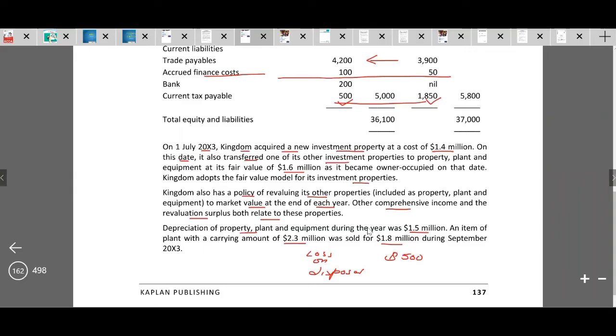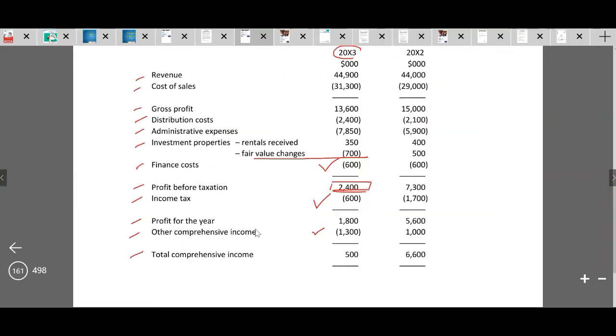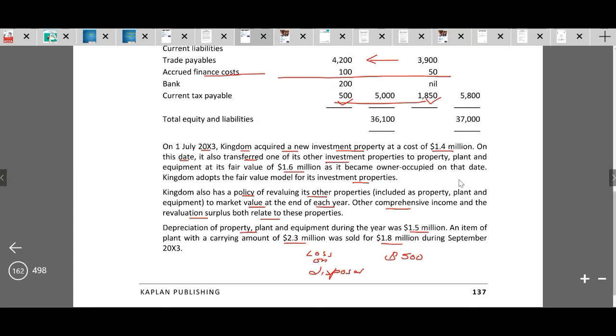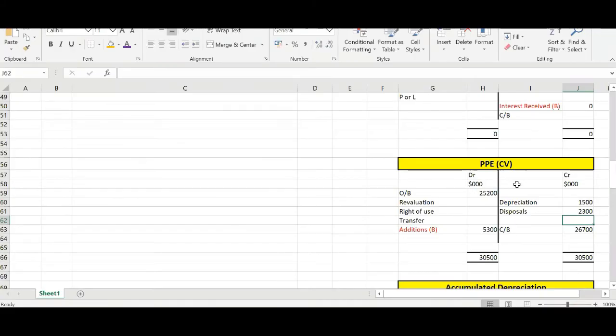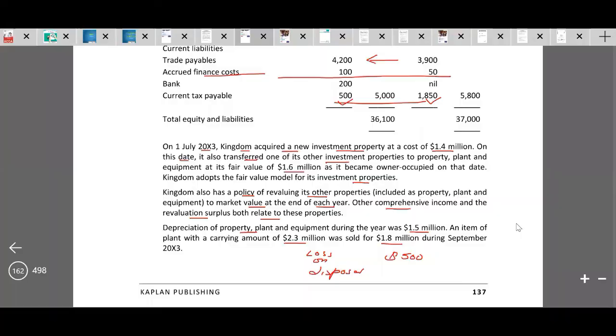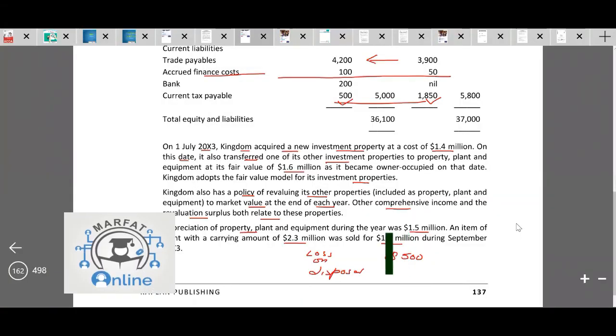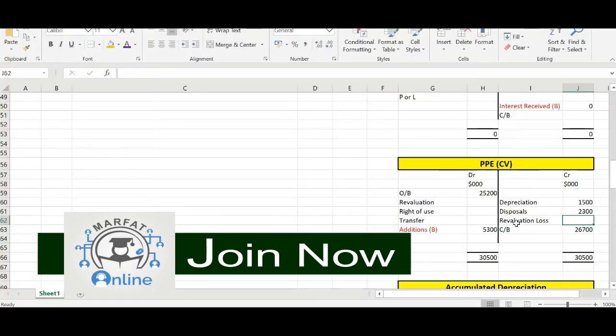And then they said that they did the revaluation, and the other comprehensive income of 1,300 represents the revaluation loss. So revaluation loss, this will come here. And how much is the amount? Amount is 1,300.